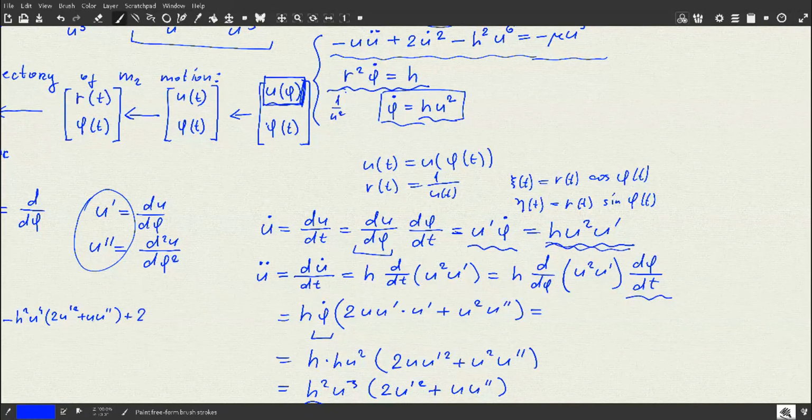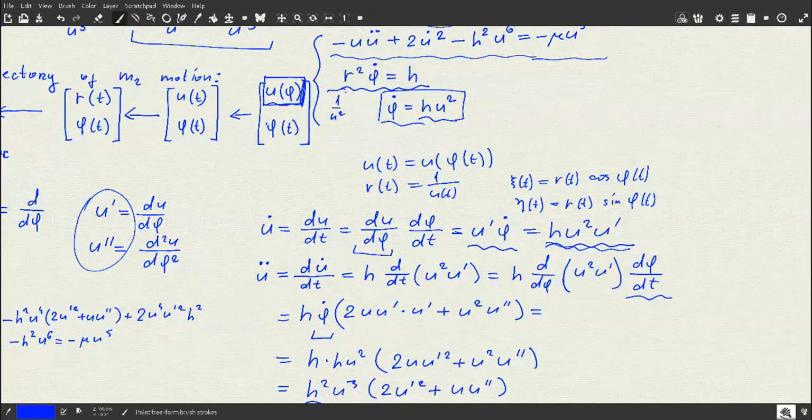Therefore, 2 times, and it is squared, u to the power 4 u prime squared times h squared, minus, again, h squared u to the power 6, equals minus mu u to the power 5.